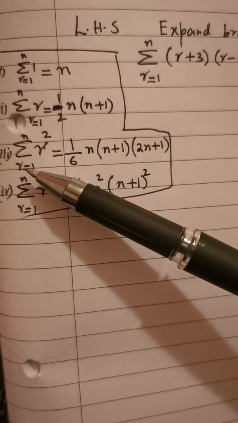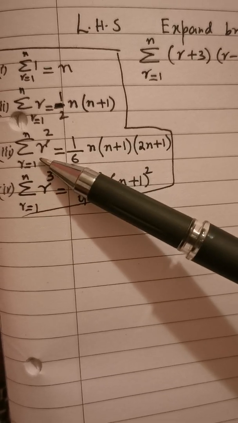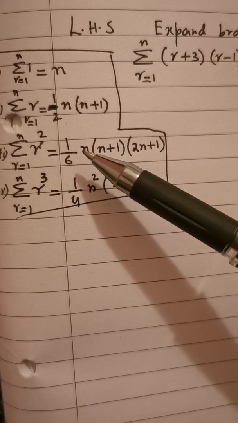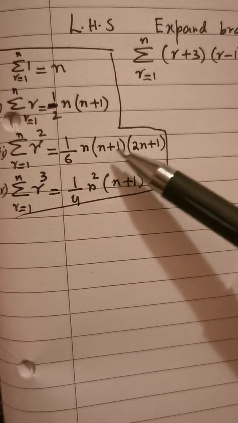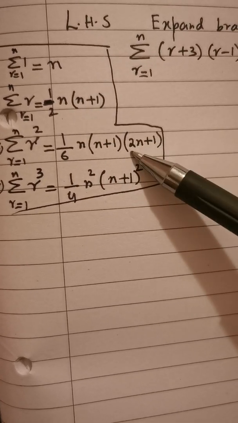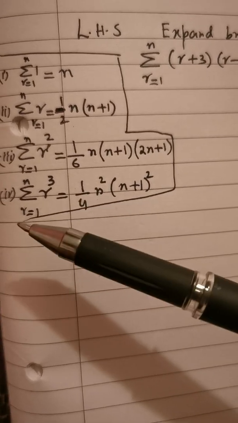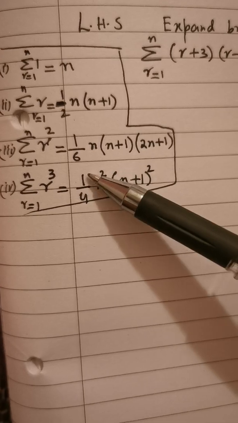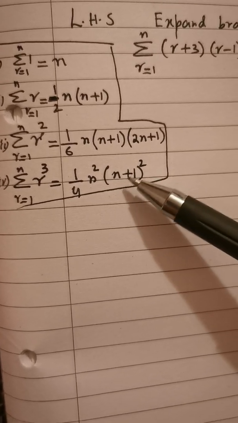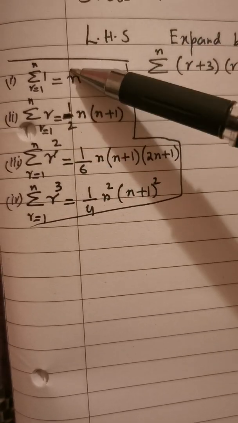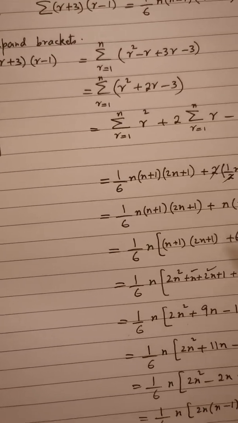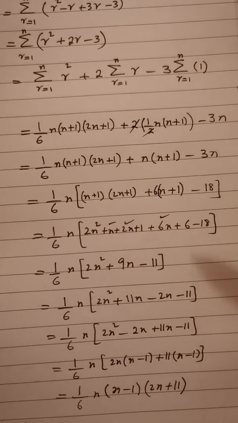And what is the summation of r square, the square of the series, for r equal to 1 to n? Its answer is 1 by 6 n into n plus 1 into 2n plus 1. And what is the summation of the series of r cube? Its formula is 1 by 4 n square into n plus 1 whole square. So we have to memorize these formulas first of all to solve these types of questions.